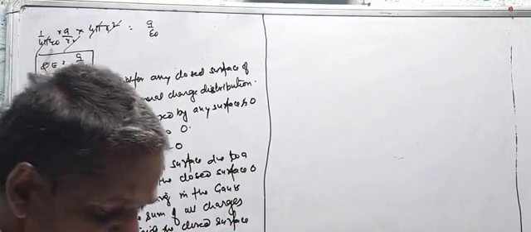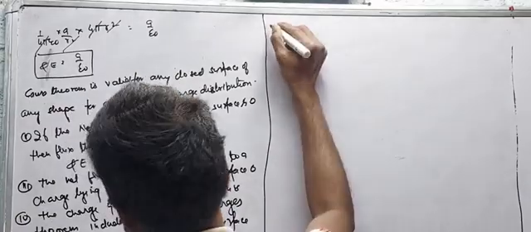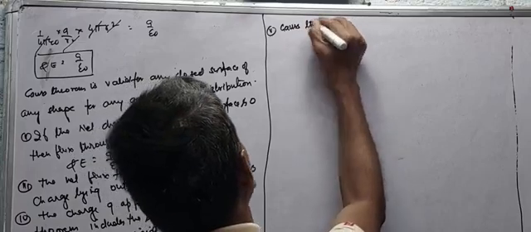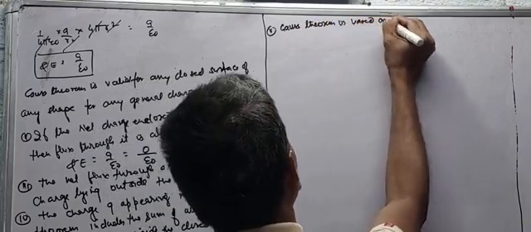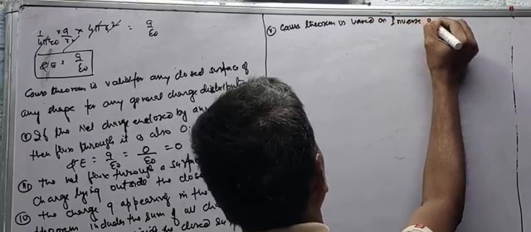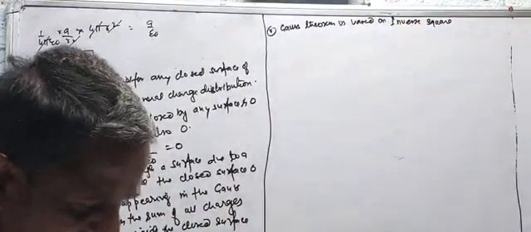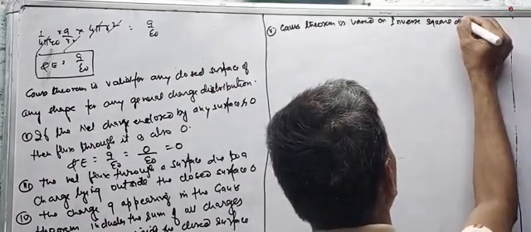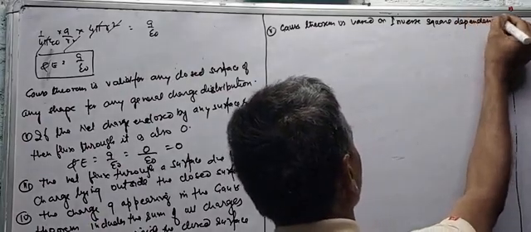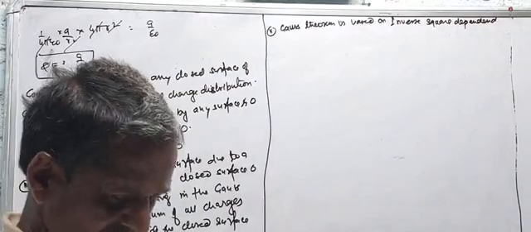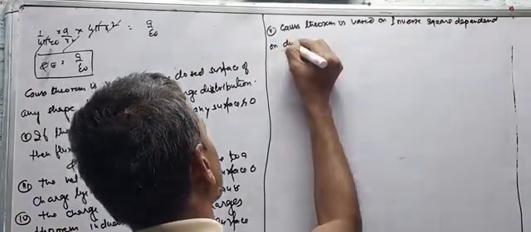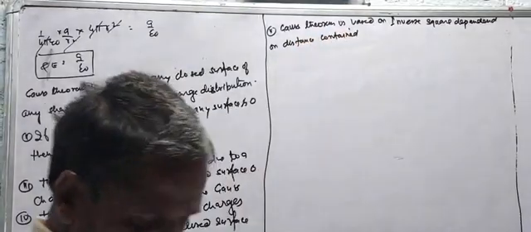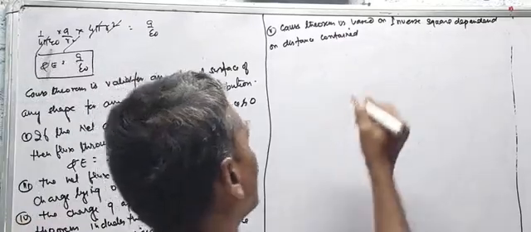Gauss theorem is based on the inverse square dependence on distance contained in Coulomb's law.